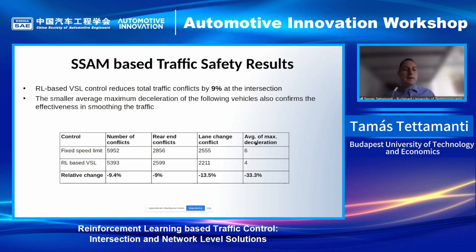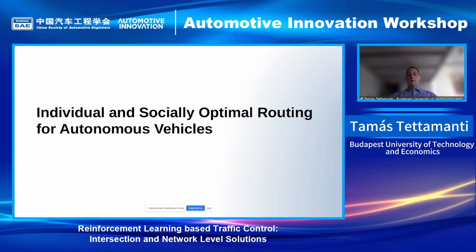So in all, we can say that the main goal to smooth the traffic, so to avoid as much as possible the stop and go and the backward speed propagation, was achieved. So that was the intersection level method.